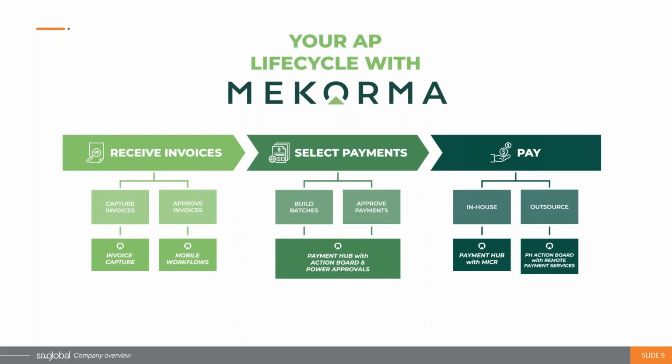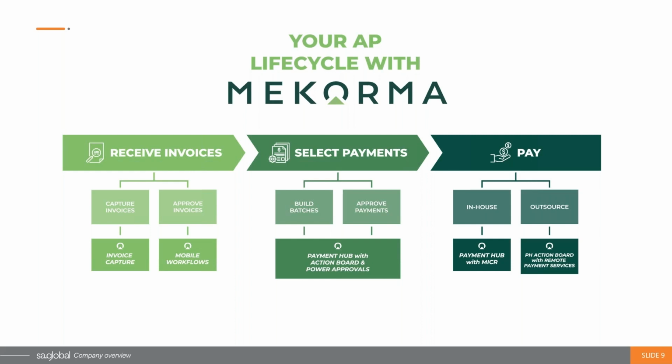So at the highest level, we have the receipt of invoices, the selection of payments, and then the actual execution of those payments. This is an overview of our entire solution, and there's a number of companies that use the end-to-end solution. However, these are not necessarily all-inclusive, and we have a lot of organizations that are using a select portion of our solution. So this is essentially a la carte, depending on your circumstances.